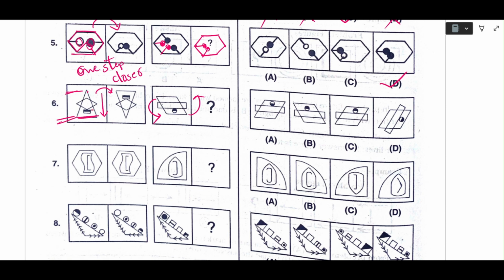Here the black part was in the top, and here also it went to the top only, and the white part which was down, here also it is down only. So look, this black is at up, right? In the answer figure also the black should be up. So we can eliminate A and D because they are not matching.